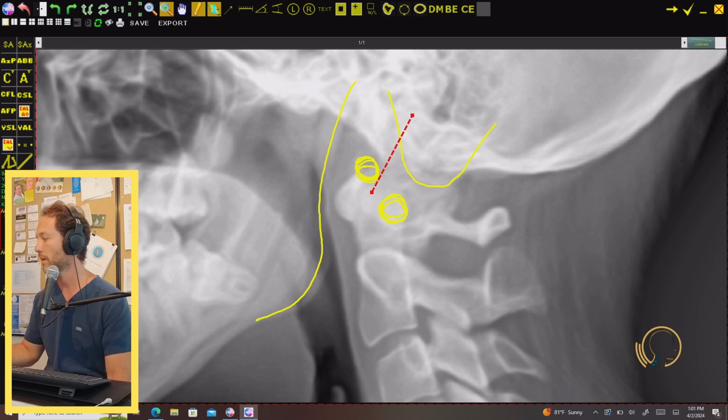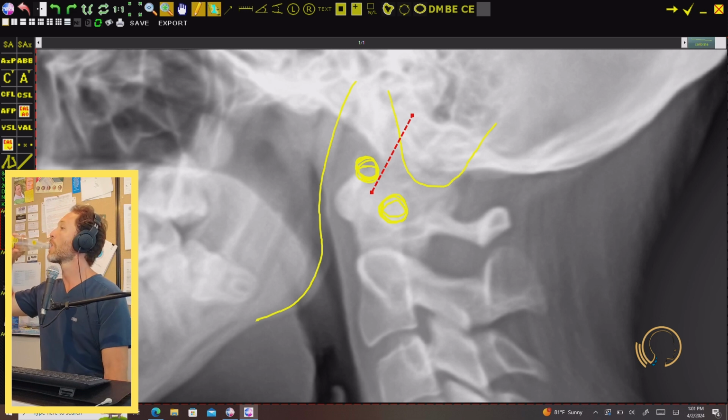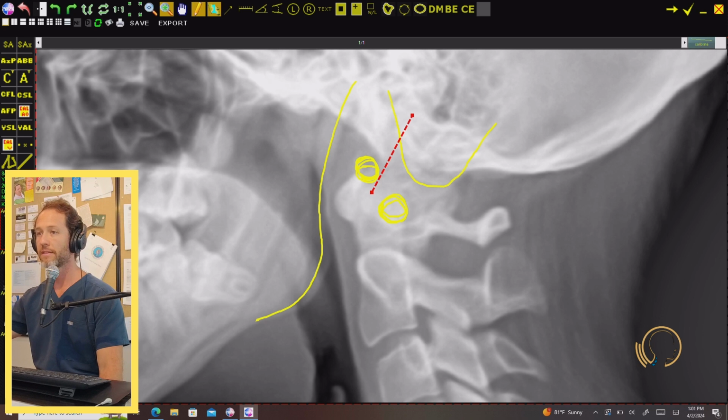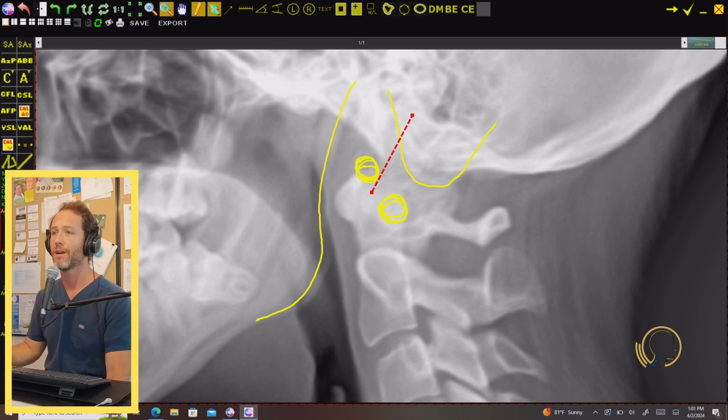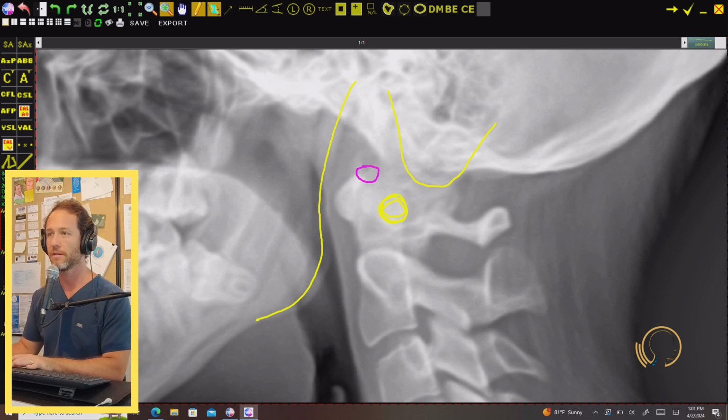Do you think that could create a problem with reducing that posterior rotation that you measured? Yeah, I'd say so. And you're high. You're much higher than you should be too. All right. So beyond why you should, you should actually measure where it's at. So let's get this junk out of here.